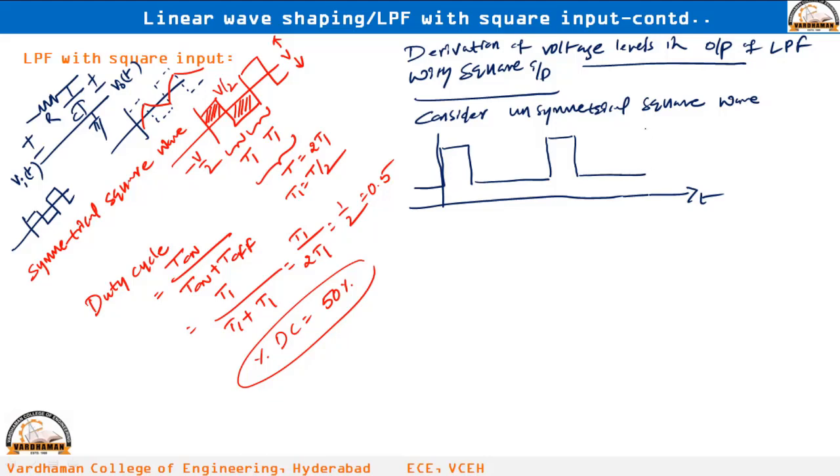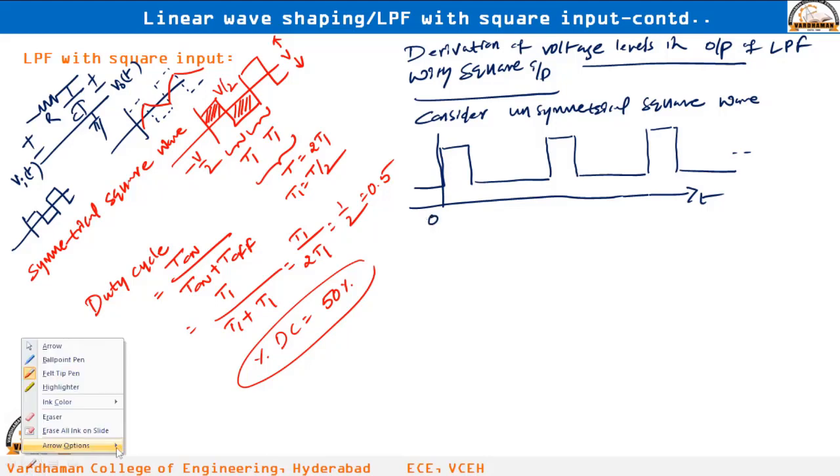So I am representing the 2 cycles or the 3 cycles like this, continuing like this, and the entire signal is above the x-axis, meaning positive DC is also available in the signal. Okay. Now see carefully, this signal starts at t is equal to 0, that I have represented here. Then this upper level of the signal is available for t1 seconds, and lower level is available for t2 minus t1 seconds.